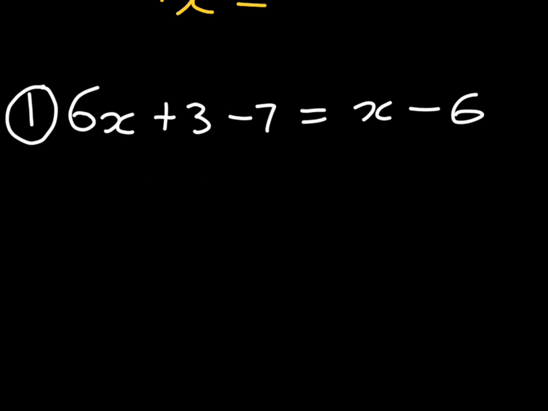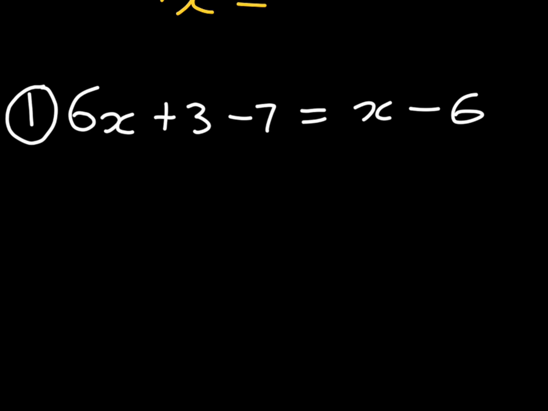For question 1, we have 6x plus 3 minus 7 equals x minus 6. What I like to do is to first move all of my constants to the right-hand side, and once that is done, we move our variables to the left-hand side. It does not matter which order you do this in.